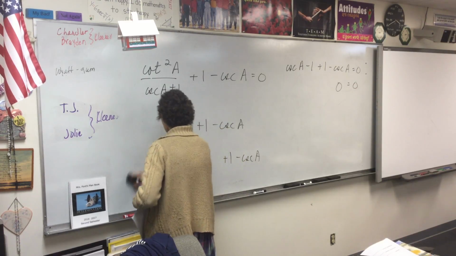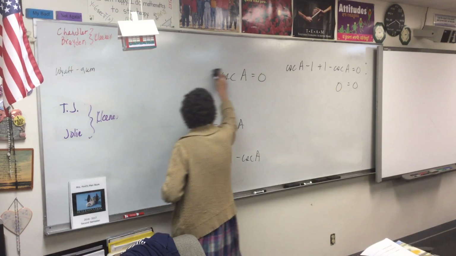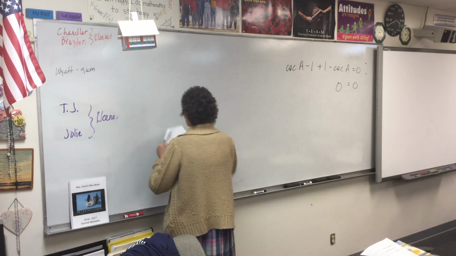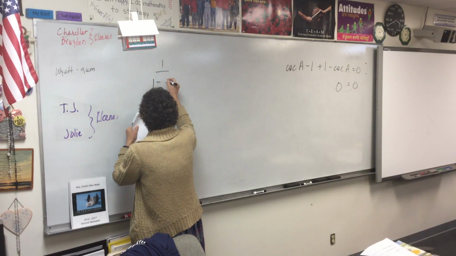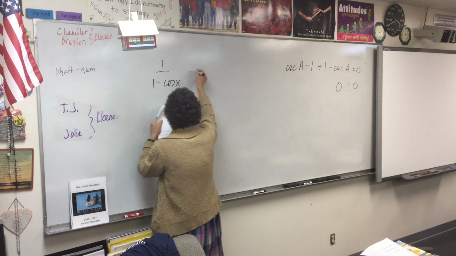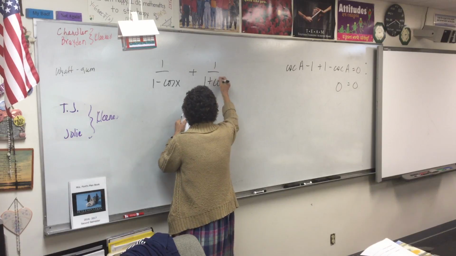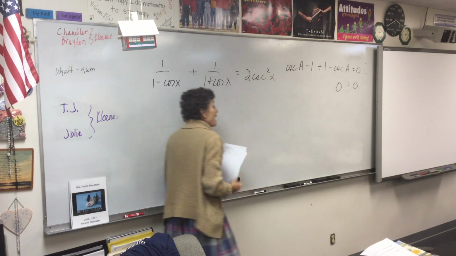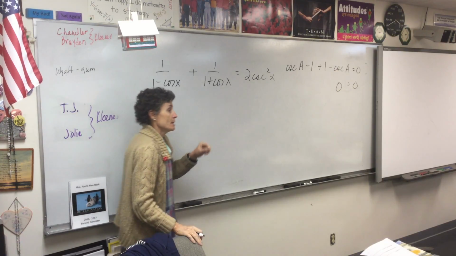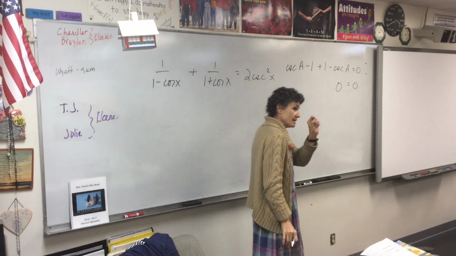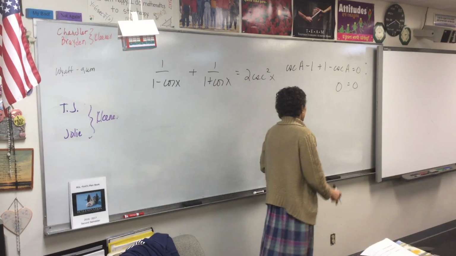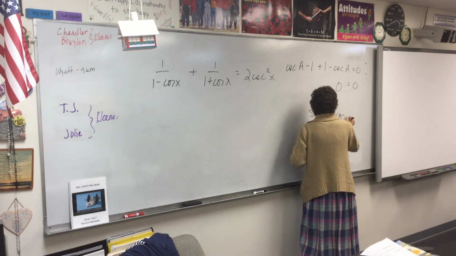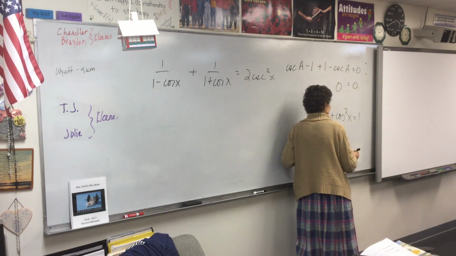Does anybody have an idea to get us started? Sine squared. Okay, now, this is a key thing to keep in mind. We have an identity that allows us to change sines into cosines.